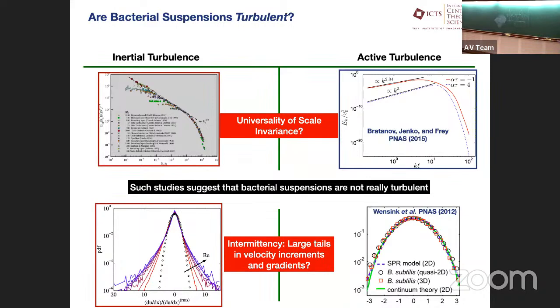Is intermittency a consequence of scale invariance? No. The question of the origins of intermittency is still shrouded in mystery. It's related, it probably has to do with questions in high Reynolds number flows which are interlinked and shrouded in mystery.